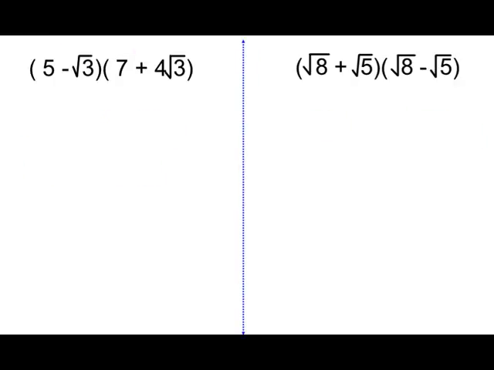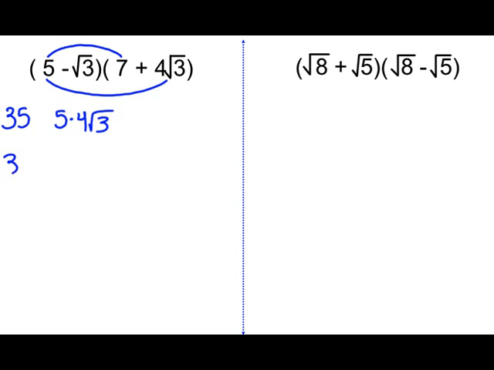Let's take it just one step further. Foiling. To FOIL, or to distribute many times, we use the exact same process as we did before. First times first, so 5 times 7 is 35. Now we're going to multiply the outsides. 5 times the 4 square root of 3.